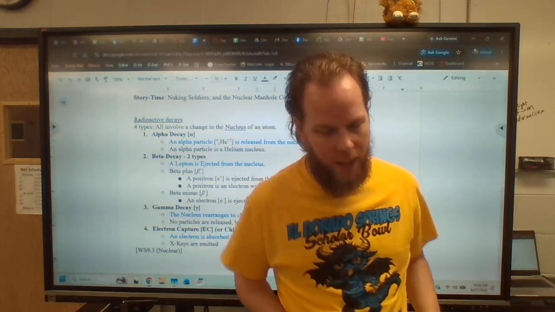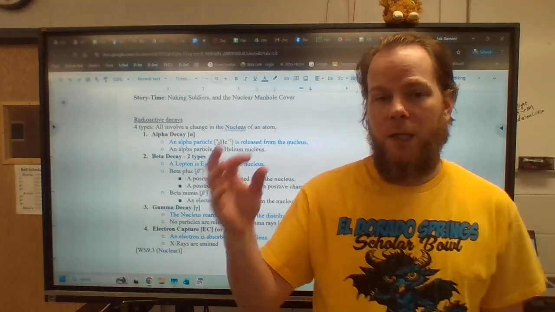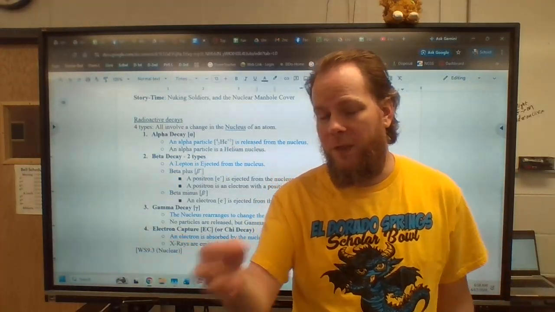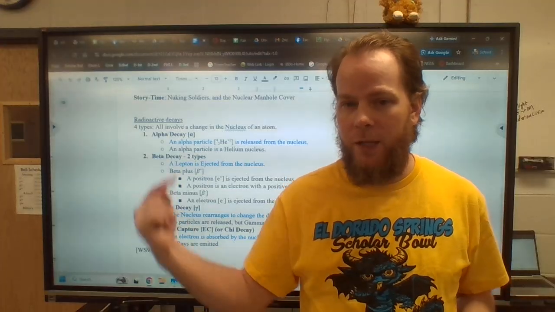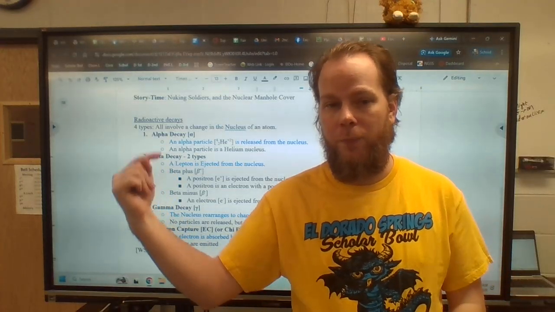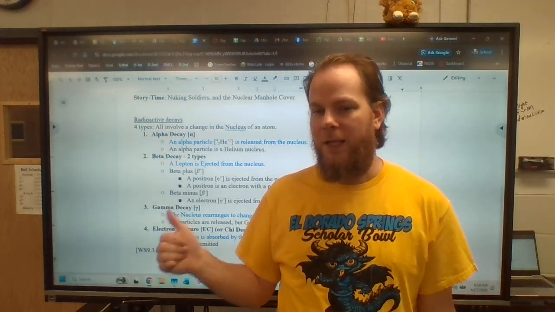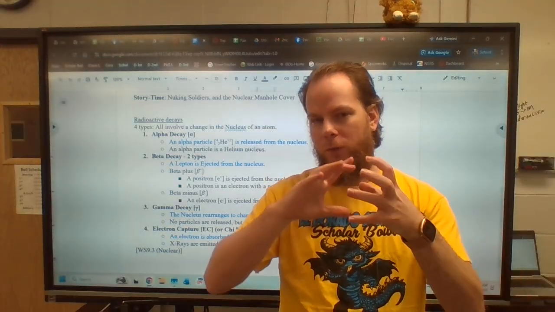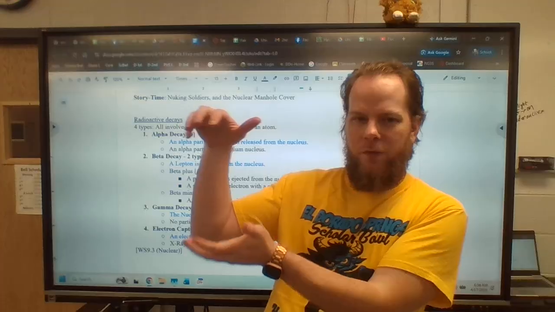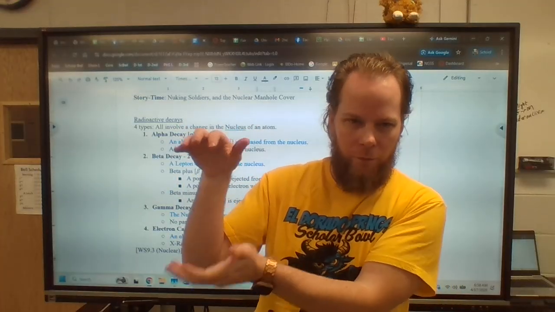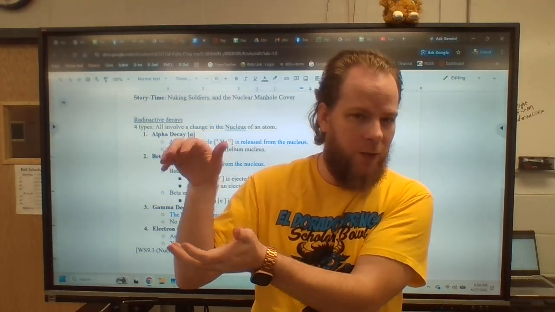Enter gamma decay. In a gamma decay, there is no particle emitted. There is no change to the nucleus of the atom, unlike these other ones. They change what's actually present in the nucleus. In a gamma decay, the nucleus just kind of rearranges. Think about it like taking a box of marbles and shaking it. That's basically all that's happening in a gamma decay.